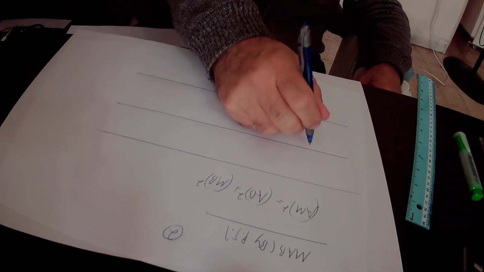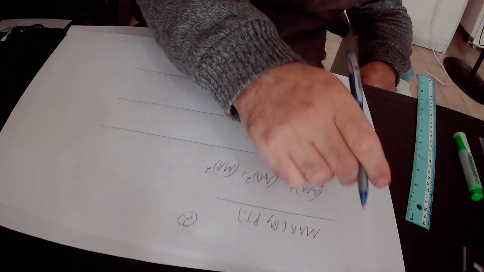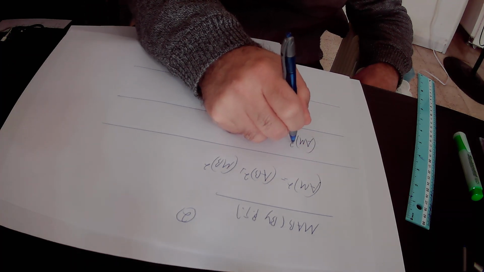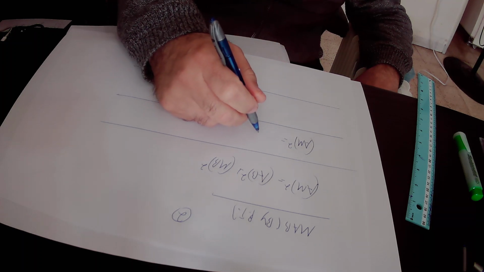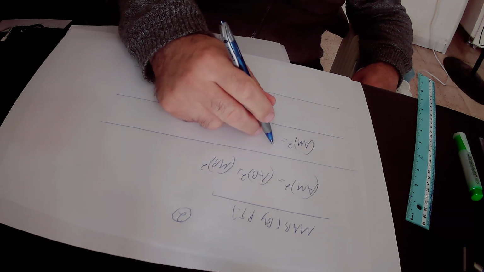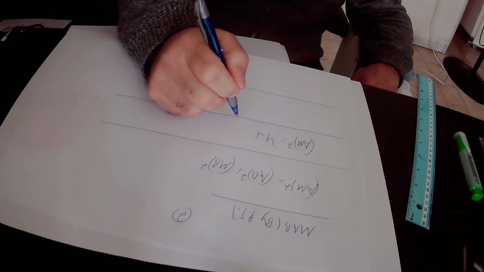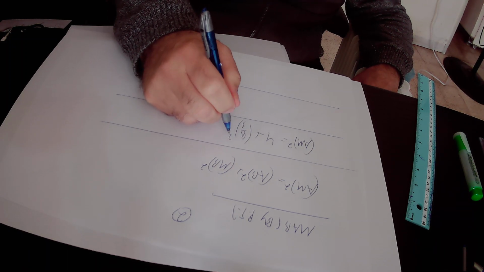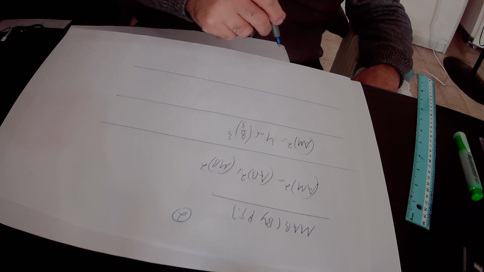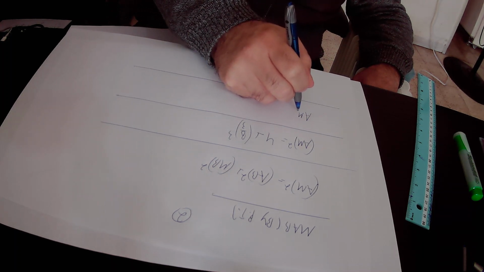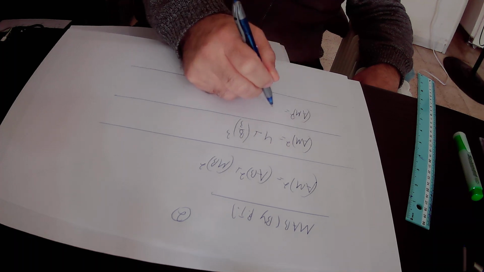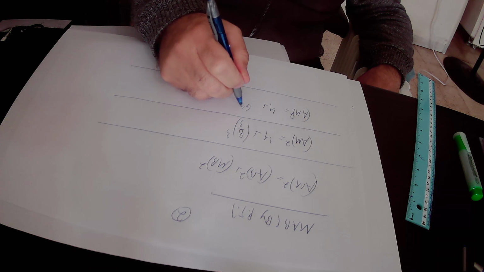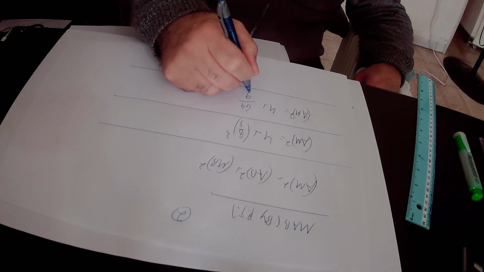So AM squared equals AB squared. AB is 2, so AB squared is 2 squared, that is 4, plus MB squared. MB is 8 over 3, so MB squared is 8 over 3 squared. So AM squared equals 4 plus 8 over 3 squared, equals 8 squared, that is 64, over 3 squared, that is 9.